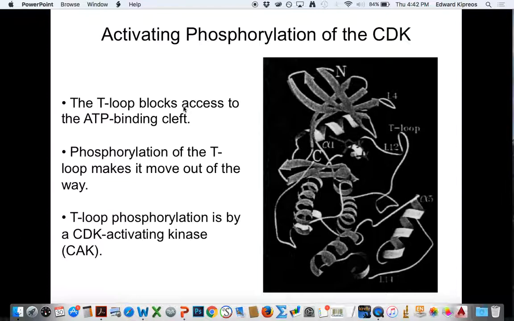But if this gets phosphorylated, the T loop changes its conformation and moves out of there, and now the substrate can come into that binding pocket. So the inhibitory phosphorylation blocks ATP from binding, and the activating phosphorylation gets rid of this T loop, which allows the substrate to bind.